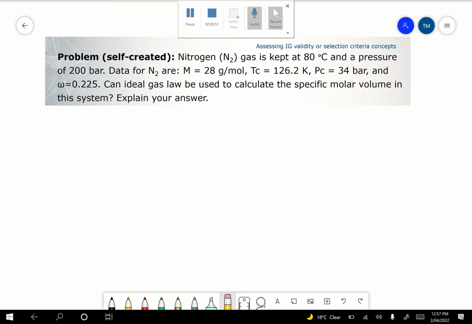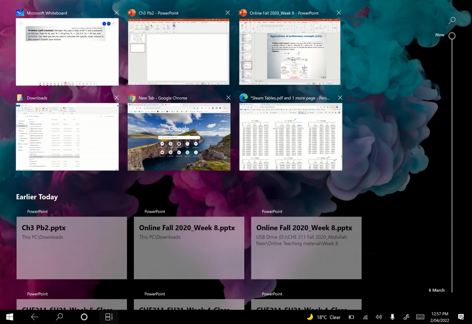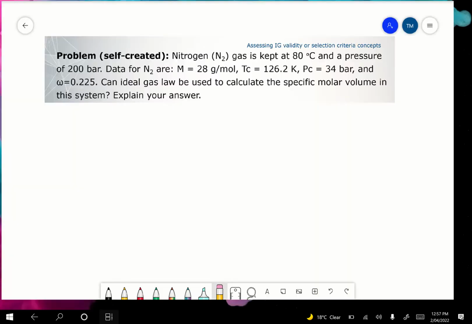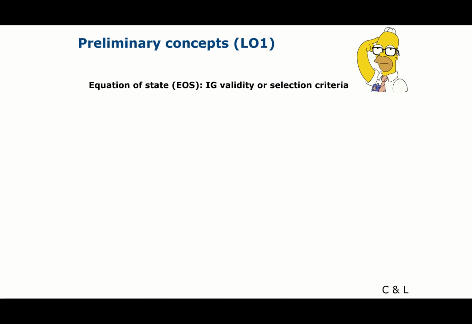Explain your answer. So basically this is what we need to do, and we need to check whether ideal gas law is valid or not. But before that, we can use this criteria about ideal gas law validity or selection criteria, and the starting point is specific molar volume, which is volume over number of moles.